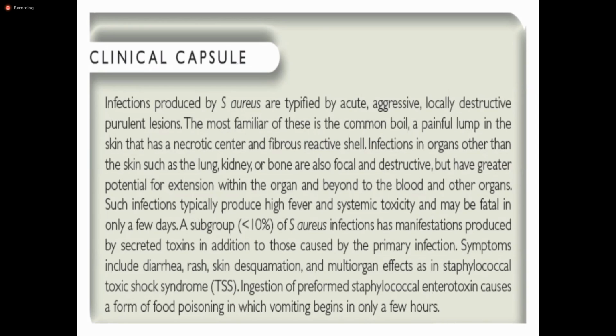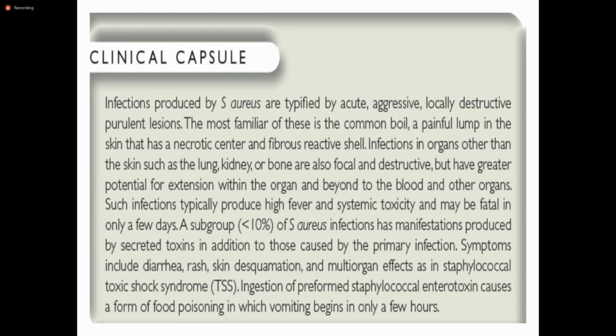Infection in organs other than the skin can cause infection of the lungs, kidney, bone, and these infections could be focal and destructive and can go deeper in tissues to involve many organs, especially when spread to the blood.